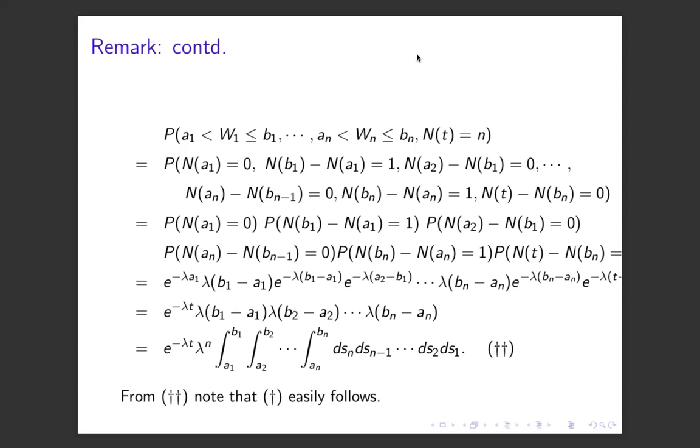You can compare with that. But here, in addition, we also have this information. So these two pieces of information together are the same as N(Bn) minus N(An) equal to 1 and also Nt minus N(Bn) equal to 0.